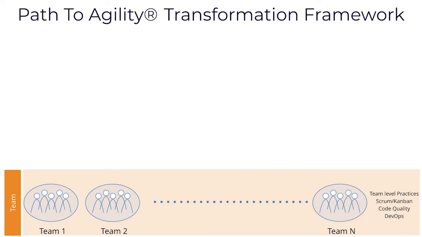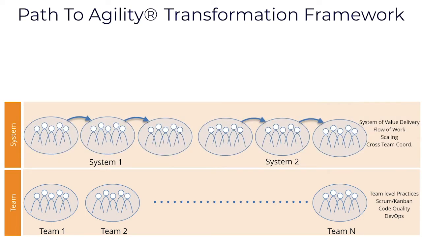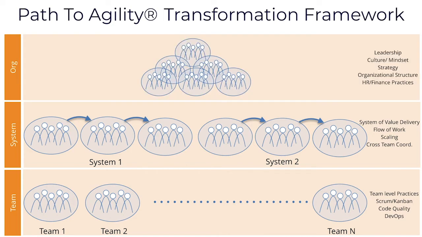But we also have to look at the system level, the flow of value delivery, the flow of work. Here's where the scaling practices like SAFe come into play. And then that leads to also looking at the organizational level from a leadership perspective, culture perspective, organizational structures, HR and finance practices all come into play. So we've got to look at all three of these levels.